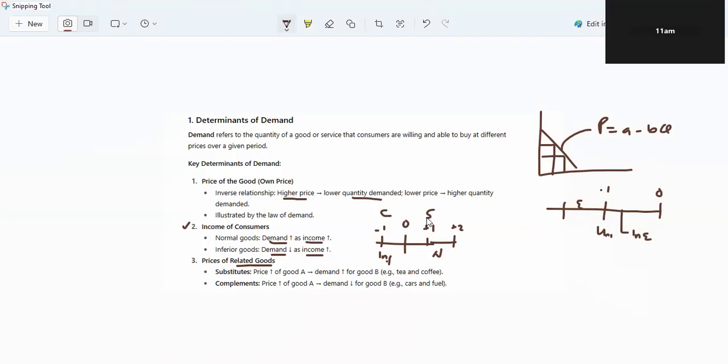All right. So how then do we sketch these equations? So there's what we call the direct demand equation, which can be given as follows. Q is equal to maybe 100 minus 5P.